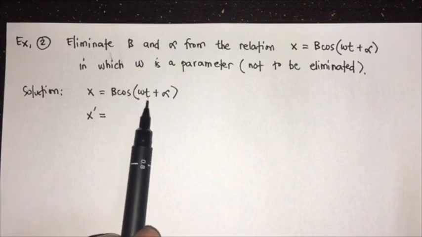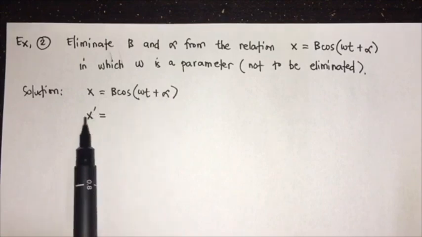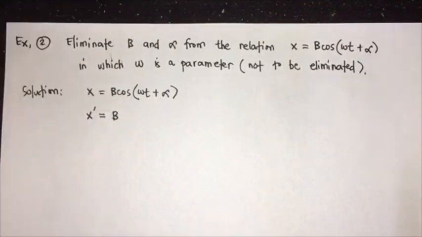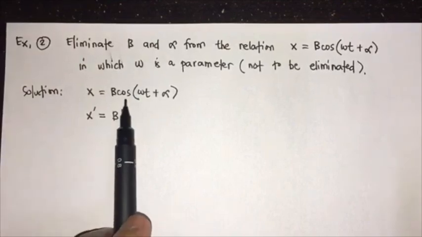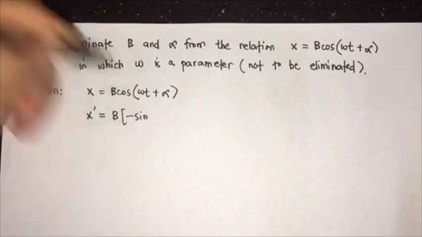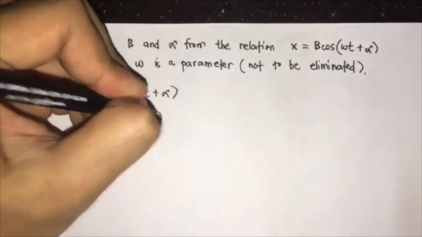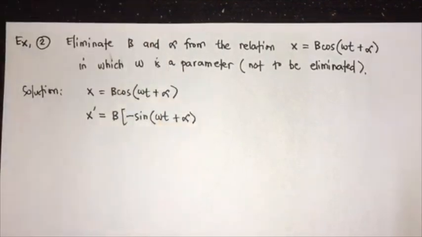Here t is our variable; omega and alpha are constants. So b is a constant, so write that there, and then the derivative of cosine is negative sine, and then copy omega times t plus alpha.